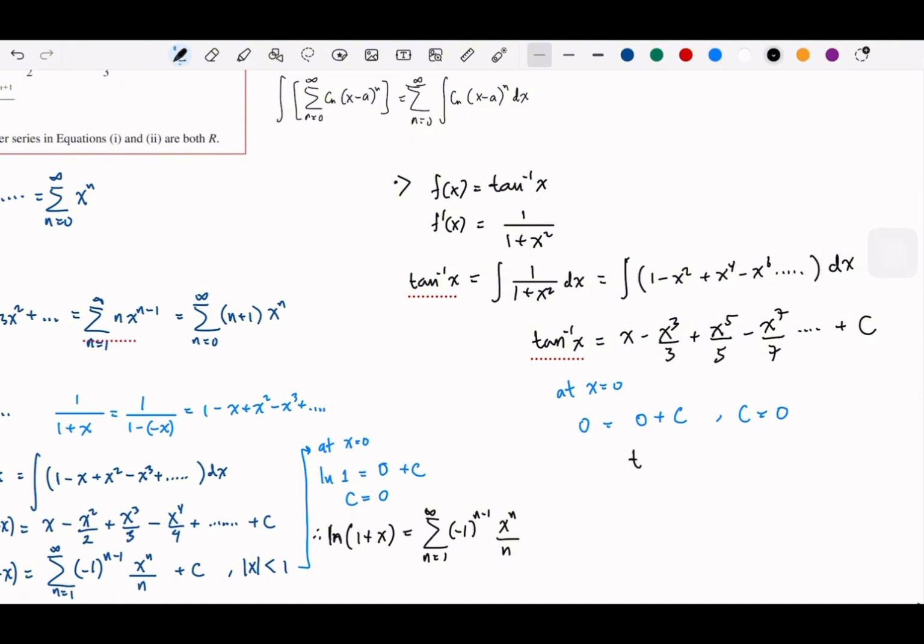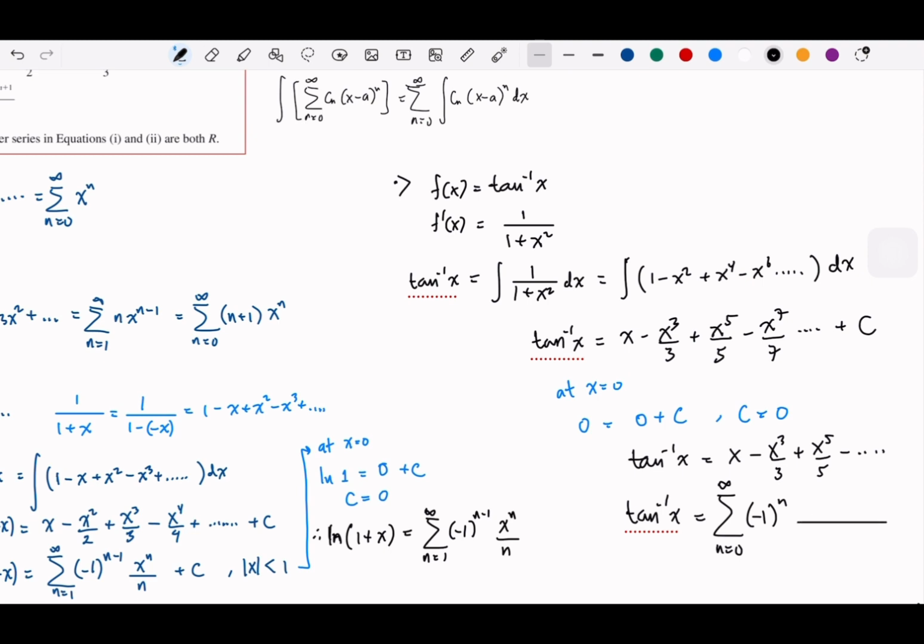So the tangent inverse x is x minus... which we can write as the summation. Okay, so since it started positive, then I think we can start from n, but it's 0, so it's 1, right?